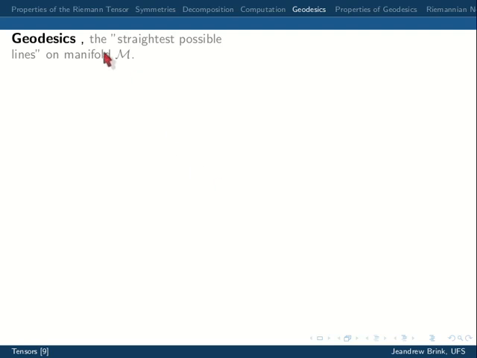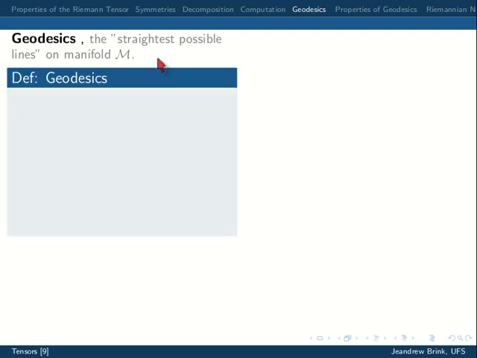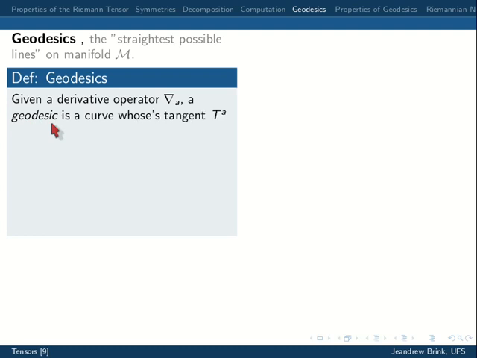Most of the time when you learn differential geometry, you get this path to a geodesic rather than the one that you got given to start with. So the definition of a geodesic is, given a derivative operator, a geodesic is a curve whose tangent points in the same direction as itself when it's parallel transported.